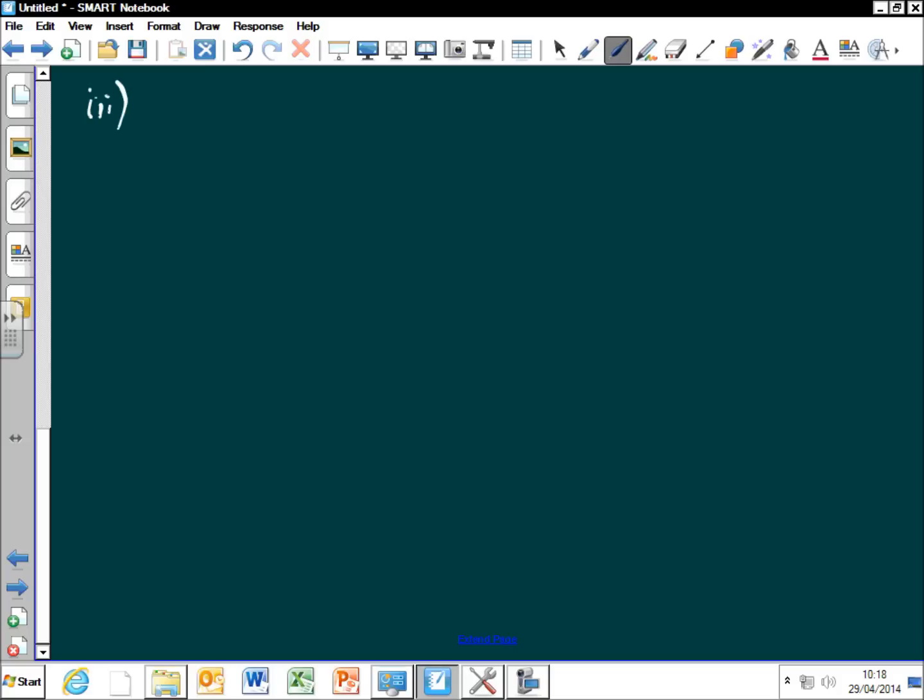Given that the curve and the line L intersect at 2 distinct points, show that the expression they've got there.